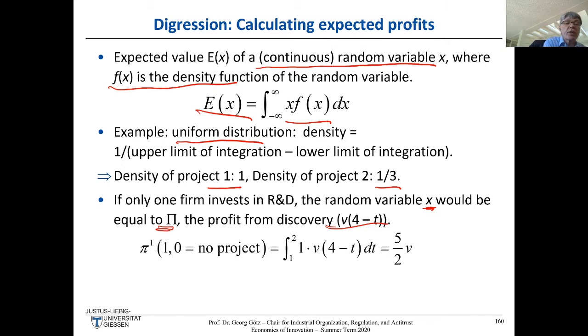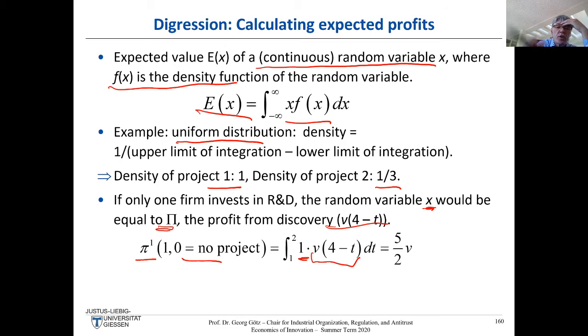And here, just a case in which we have only a single firm investing. Firm 2 has no project. If it chooses the safe project, you see it's from 1 to 2. The density is 1. This would be our f(x), and this is then simply our random variable x. Now this is a straightforward integral.